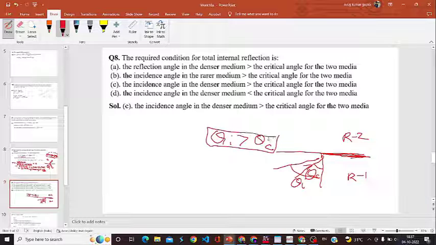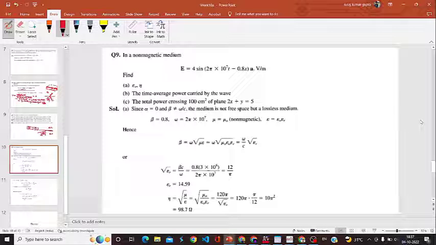Only then will total internal reflection take place. So here option C is the correct option: the incident angle in the denser medium will be greater than the critical angle for the two media. Okay, let us move to the next problem.